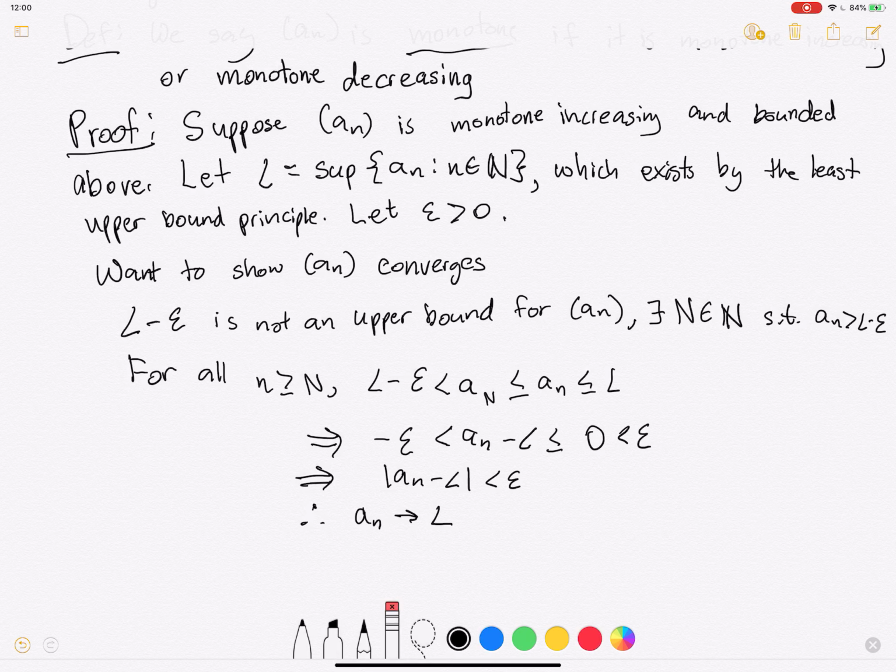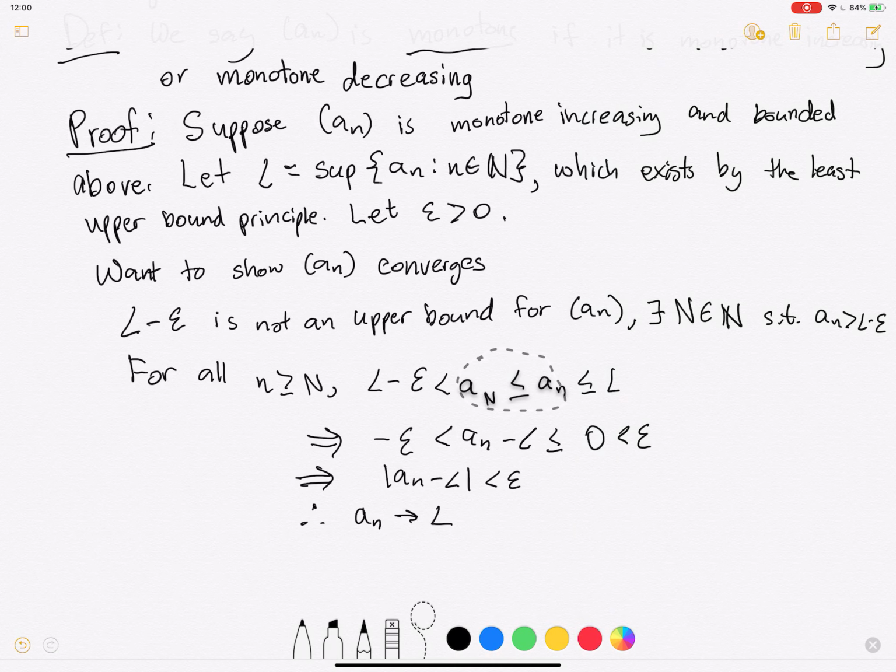So for all n greater than this point, we have L minus epsilon is less than a_N, and that's less than or equal to everything after because it is monotone increasing.